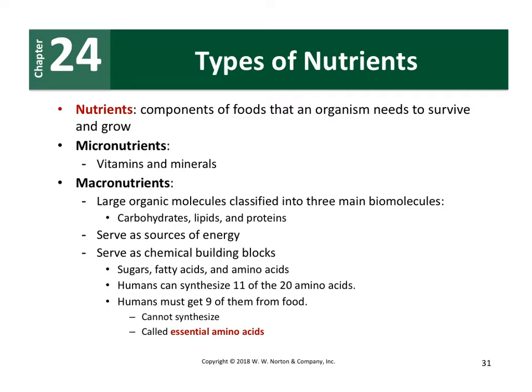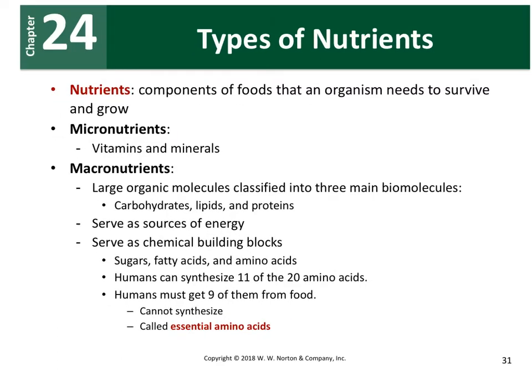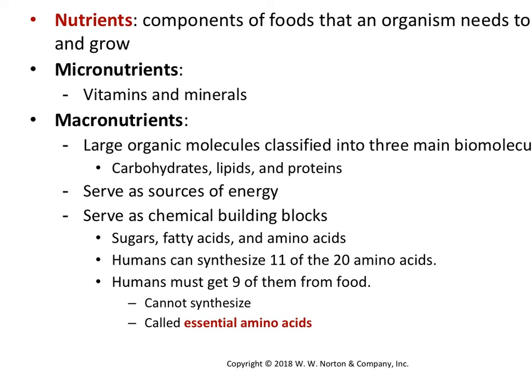The other 9 we can only get from food that we eat. We cannot manufacture them. So those are called essential amino acids. Okay? So these are the ones that we have to get from our diet.